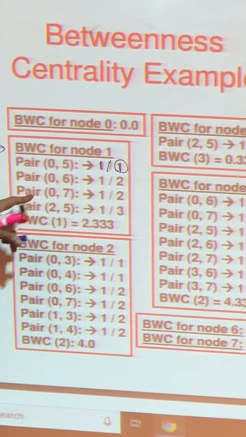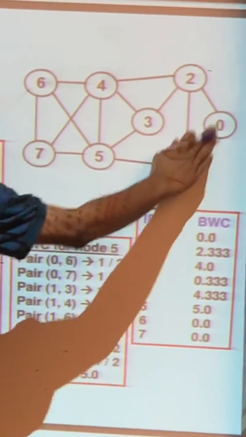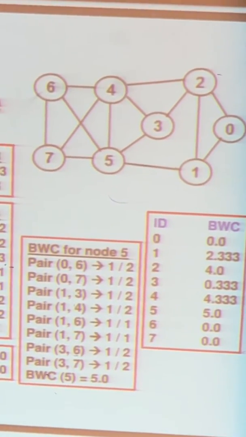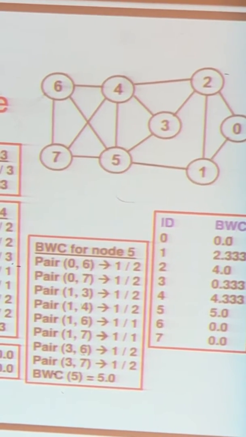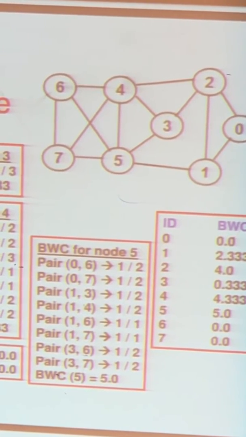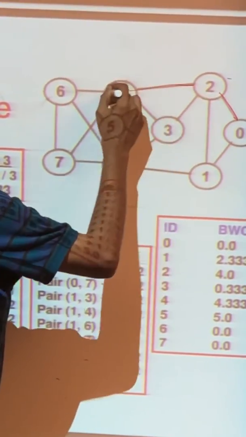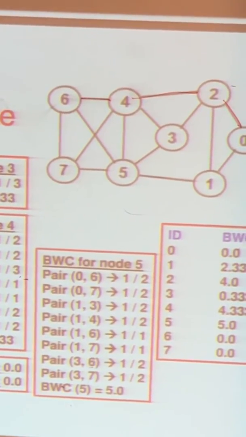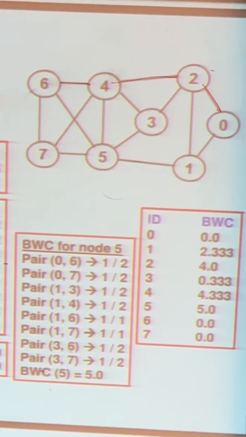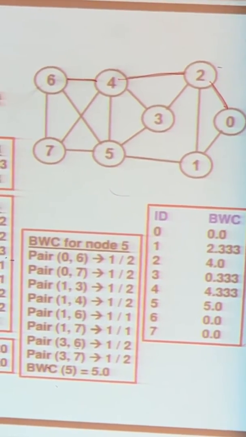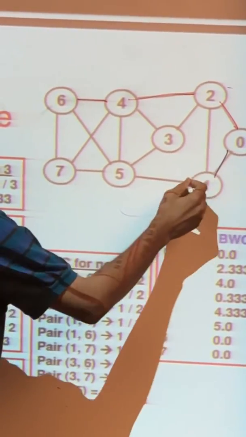Okay? On the other hand, for the pair 0, 6, how many shortest paths are there? Can I identify the shortest path for the pair 0, 6? One of them is 0, 2, 4, 6, 3 edges. That's the best we can do. What's the other one? 0, 1, 5, 6.